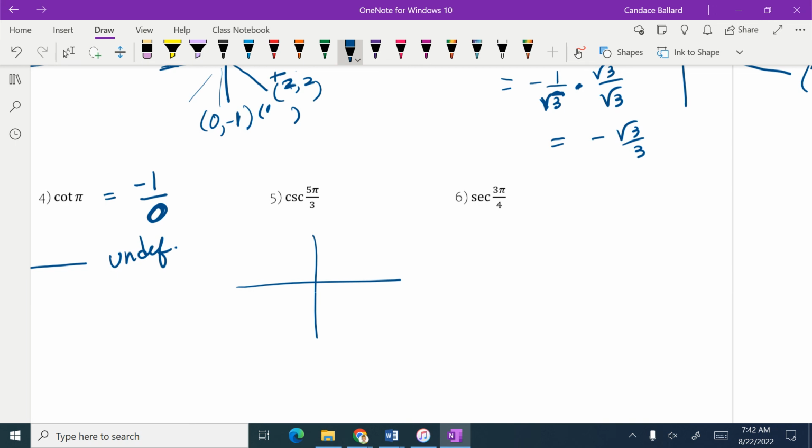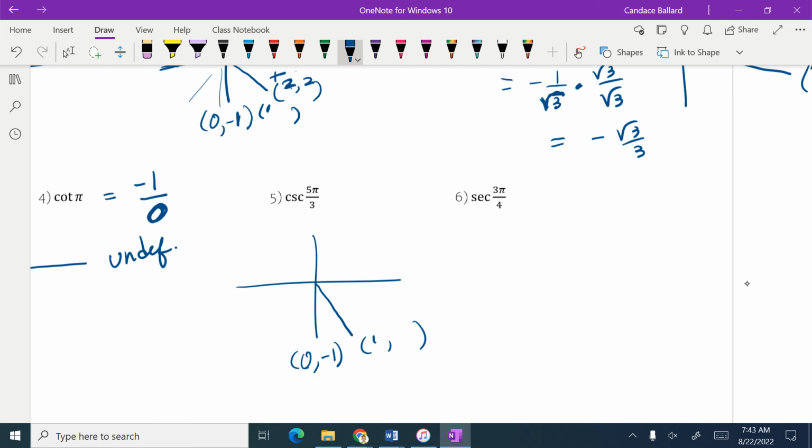Okay, 5 pi over 3. What quadrant is it in? 4. Everybody good with 4 right here? Right? So this would be 3 pi over 3, 4 pi over 3, 5 pi over 3. All right, so this coordinate here is out 1/2. What do I have to count here for this first coordinate? 1.